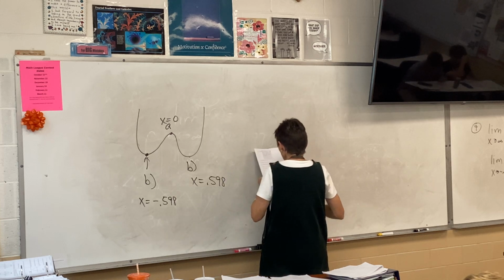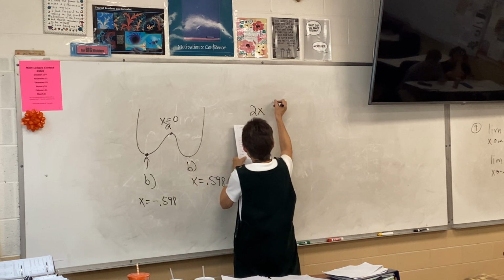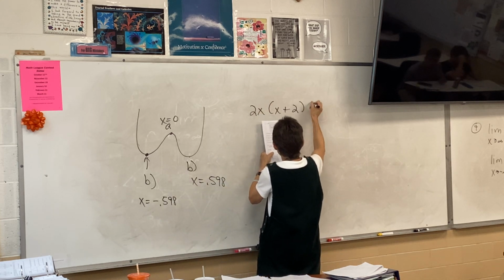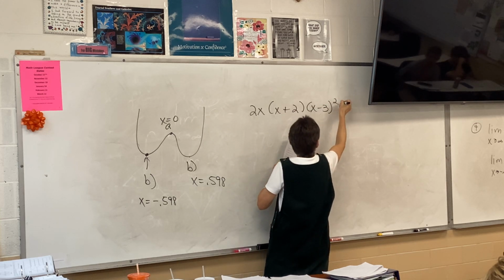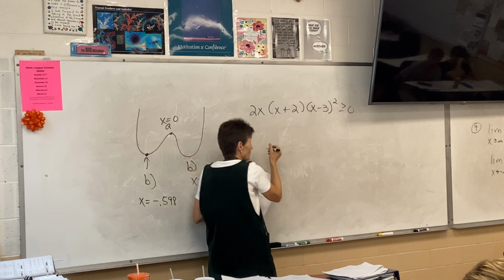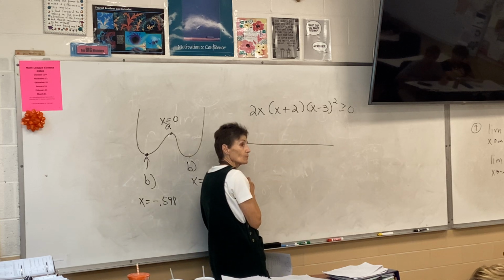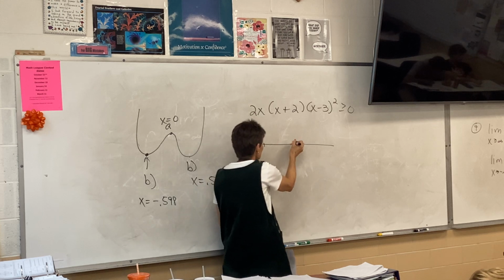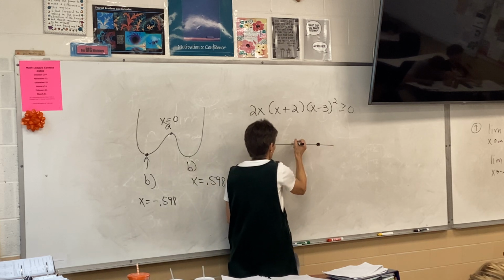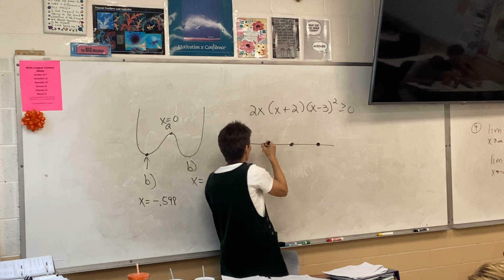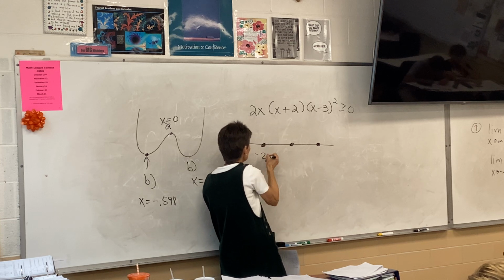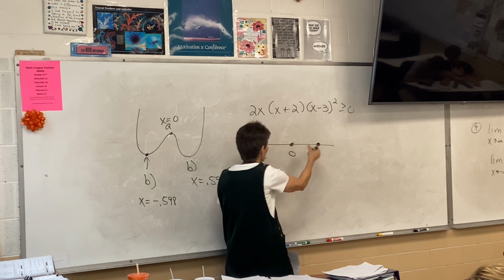What are we gonna do in terms of showing work for problem 6? We're gonna have a number line. Right? And we're gonna have closed dots marked on the number line at -2, 0, and 3.